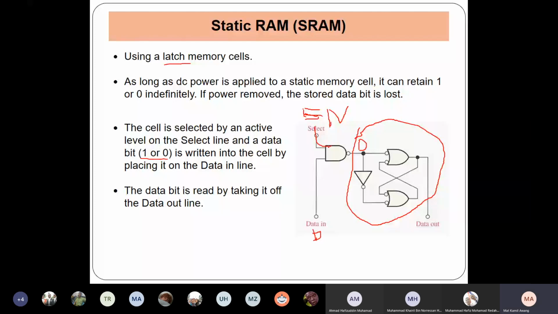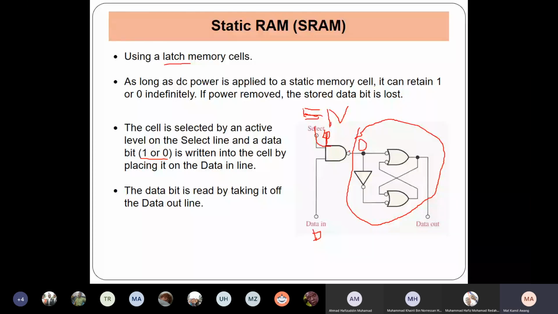When the select line is high, then D will be written. Let's say select is 0, because you have this bubble here. Then select is 1.